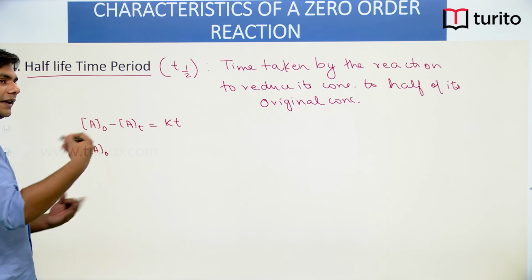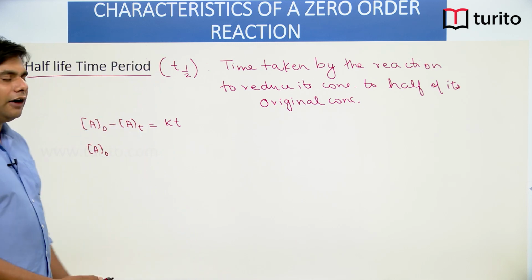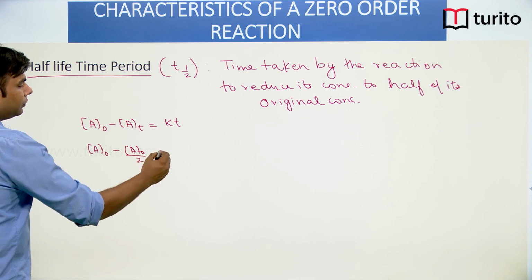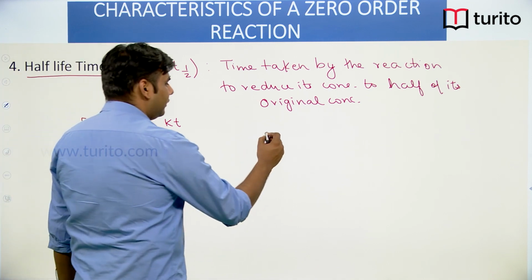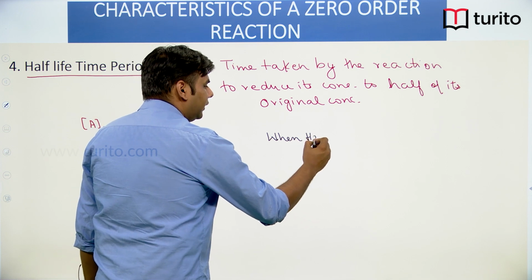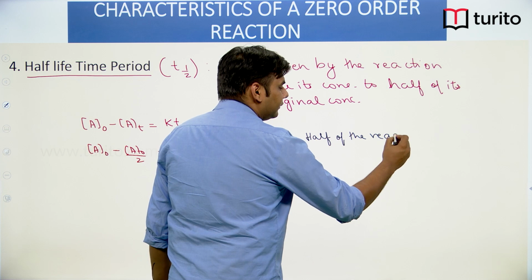When half of the reactant has reacted, how much reactant will be left? Again half would be left. So basically A t would become A naught by 2. So basically half-life time period is the time when half of the reactant has reacted.